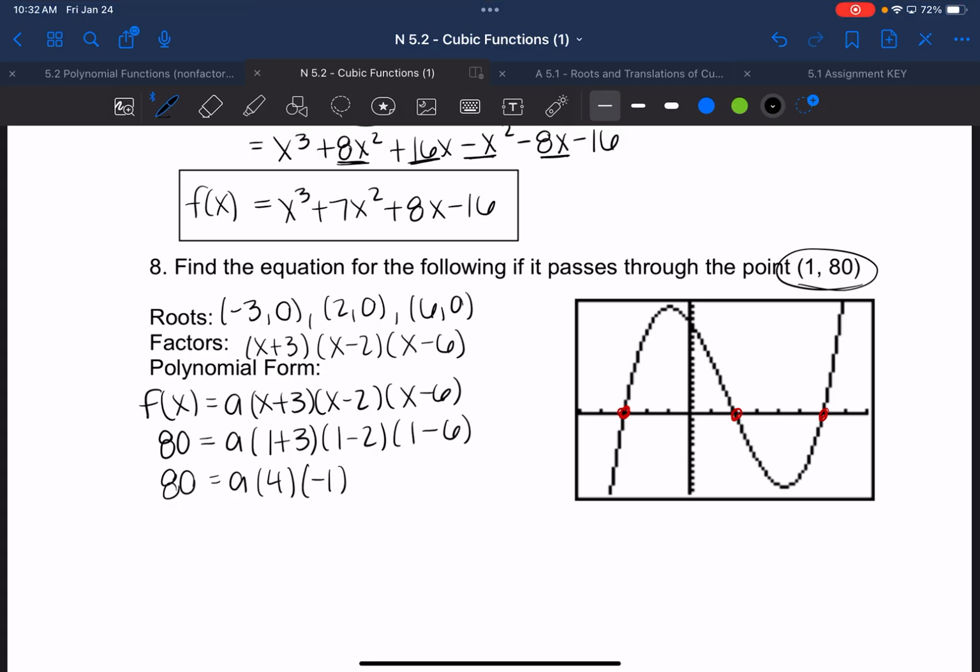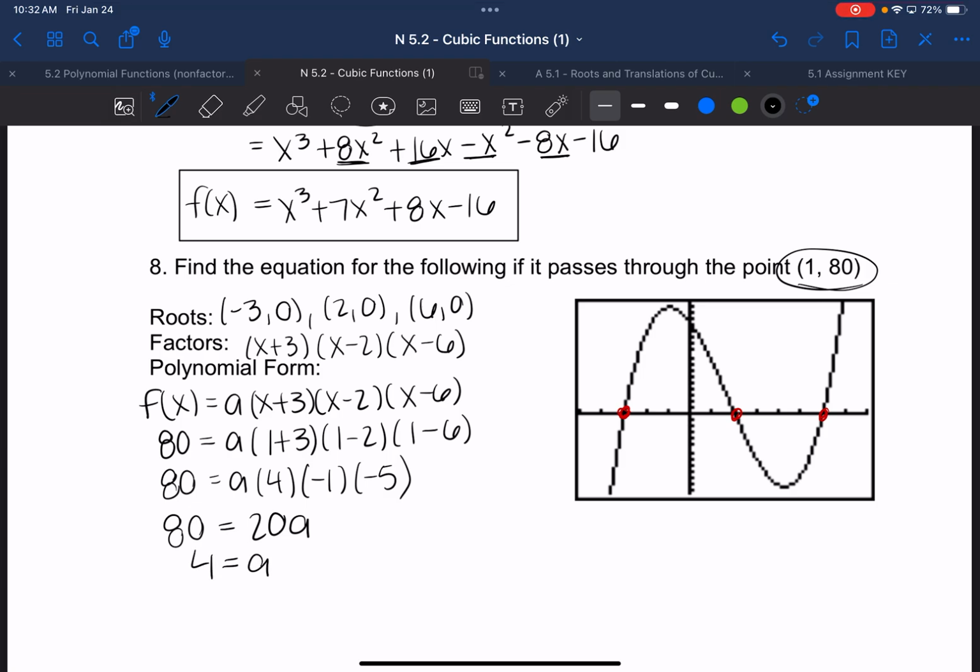And 1 minus 6, right? So what is 4 times negative 1 times negative 5? Good. So we'll have 20a. So what's my a value? Here we go. All right.